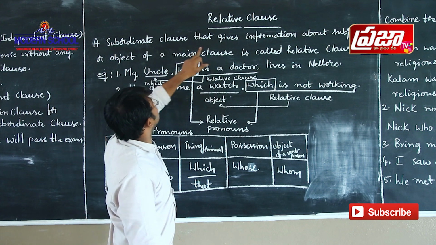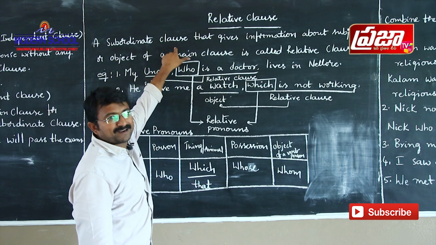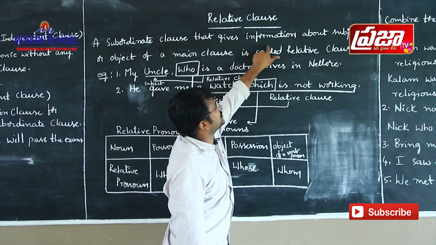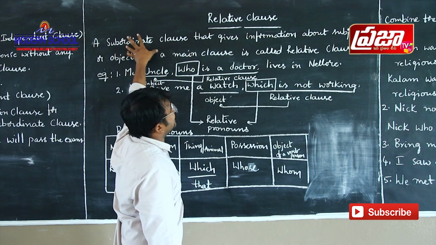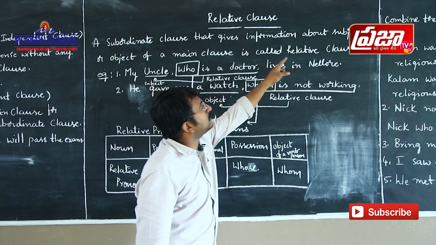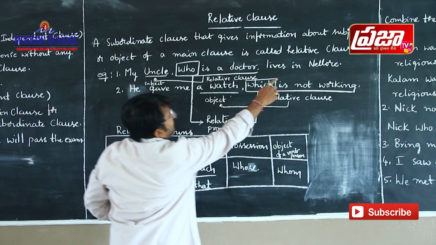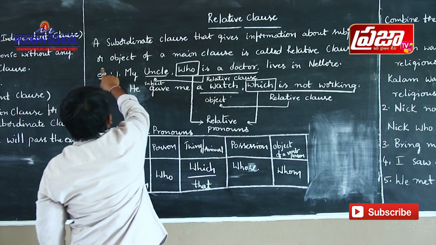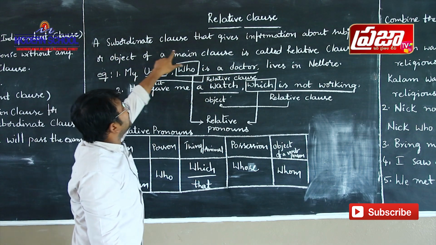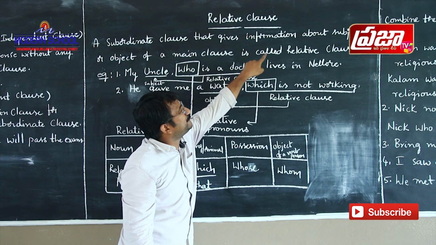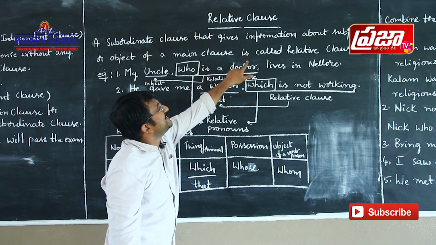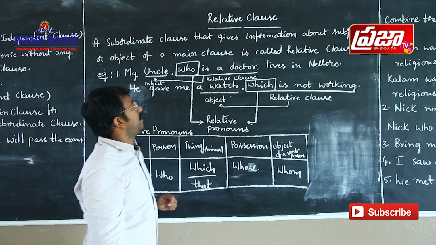This relative clause is none other than a subordinate clause, a subordinate clause that gives information about the subject or object of a main clause. So a subordinate clause that gives information about the subject or object of the main clause is called a relative clause.